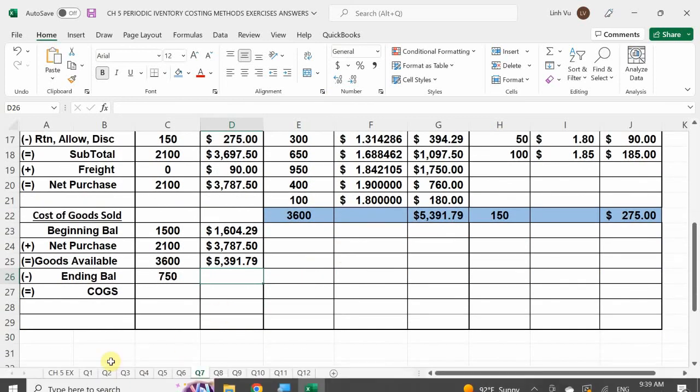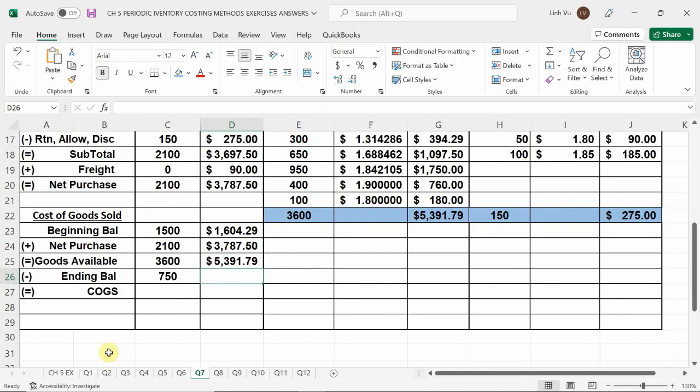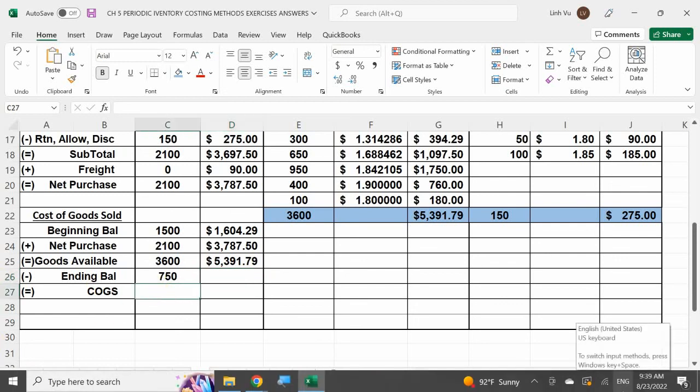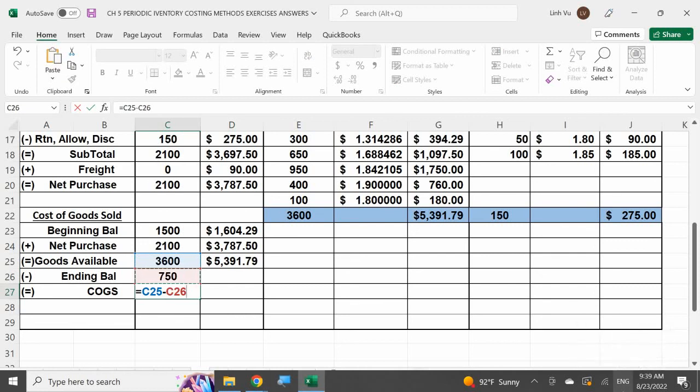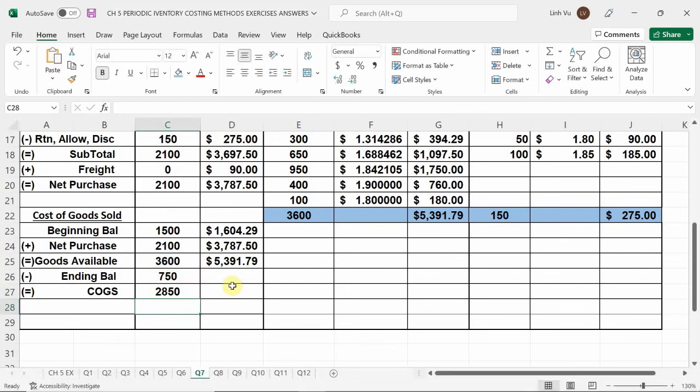So in this case, if I had a grand total of 750 units left on hand, my assumption is I must have sold a grand total of 2850. Good. So I need to solve for my 2850 that I have sold.